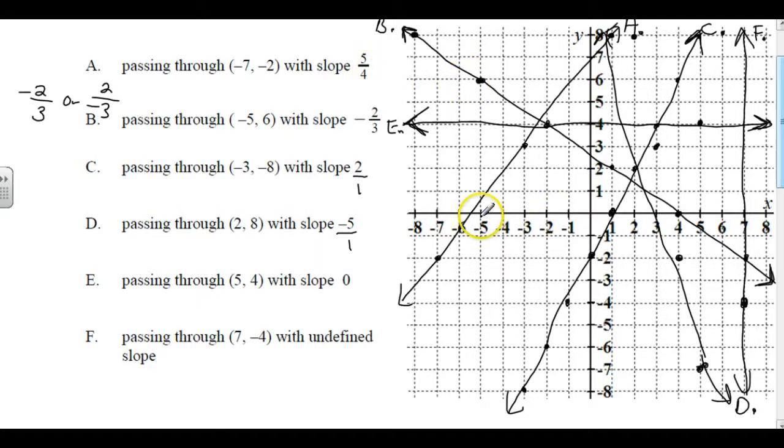I wasn't able to go this way, but you could look at this slope as negative 5 over negative 4. So I could have gone down 5 and left 4, starting at this point: 1, 2, 3, 4, 5 down, 1, 2, 3, 4 to the left.